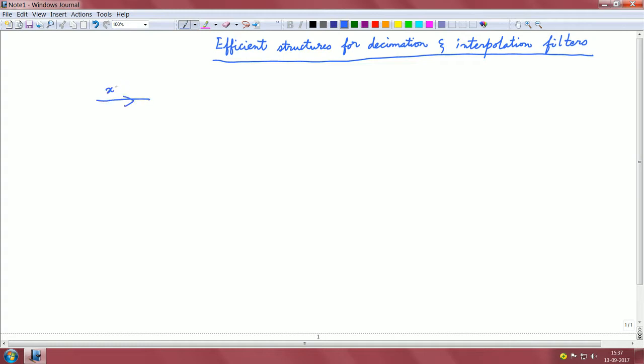So, let us consider the signal x of n. Now, we are doing filtering first, followed by decimation. So, let us say we are filtering through some h of z, and then we are downsampling by 2, right. Let us say M equals 2 downsampling.